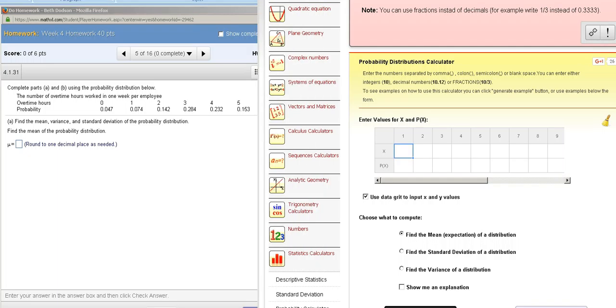So what you do is you take each value and you list the x, which would be overtime hours. You have 0, 1, 2, 3, 4, 5, 6. Those are your x's, and you enter those in. So you just enter into the chart, and for 0, the probability is 0.047. And you hit enter after each one.